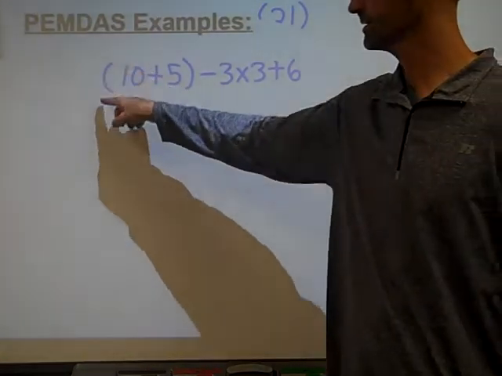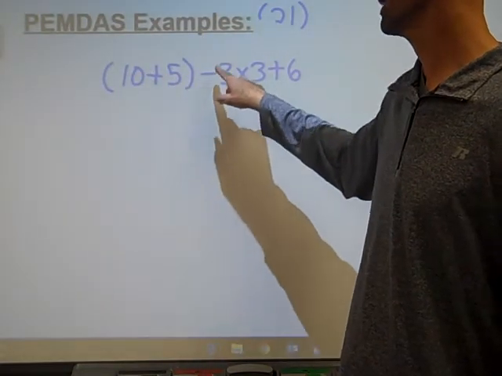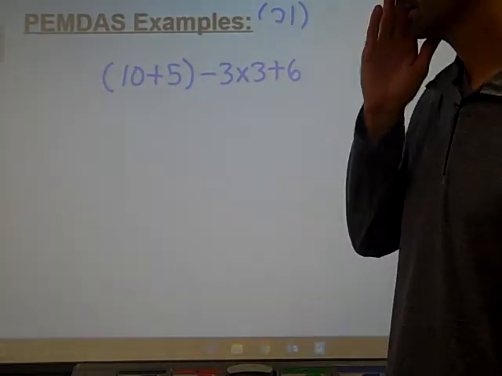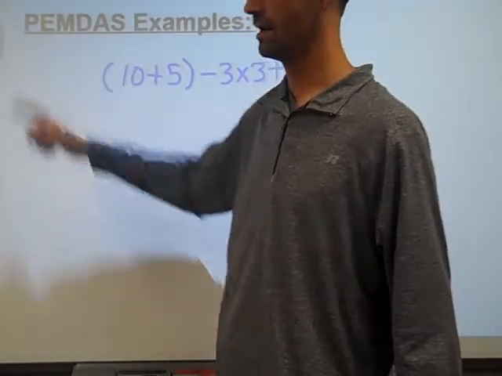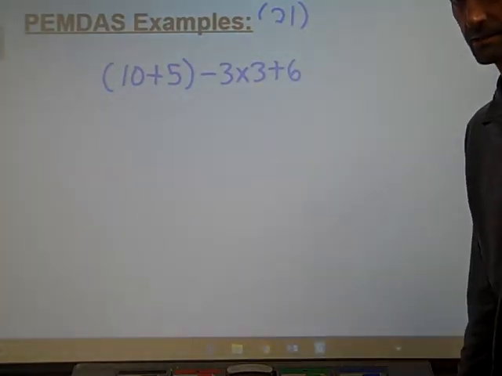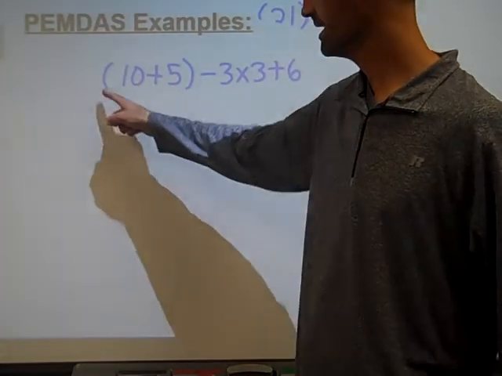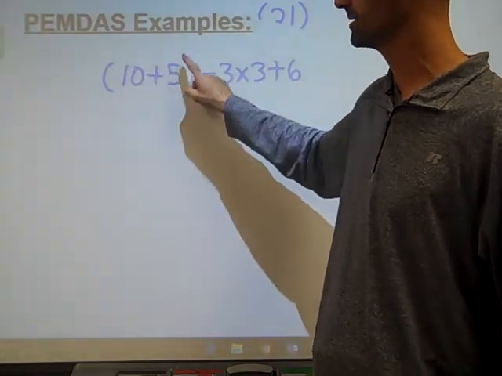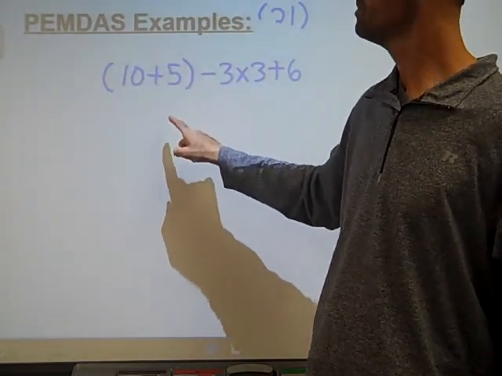So parenthesis, 10 plus 5, parenthesis minus 3 times 3 plus 6. And we start again with the letter P. Are there any parentheses? This time, yes. So that's our focus. We're going to look at the parentheses first.